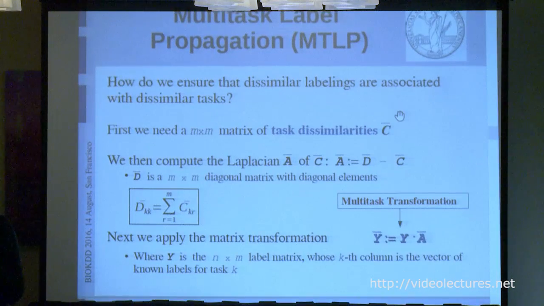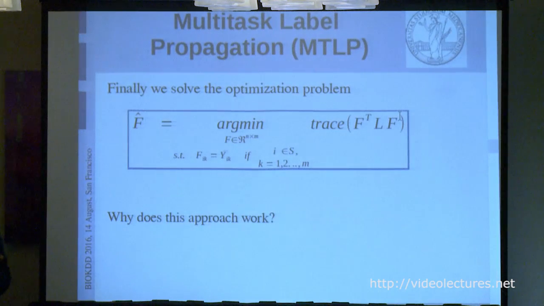After we transform labelings according to the multitask map, we just solve this problem. If we don't consider overline Y here, but just Y, the original label matrix, this is just a single task label propagation repeated over all the tasks independently.